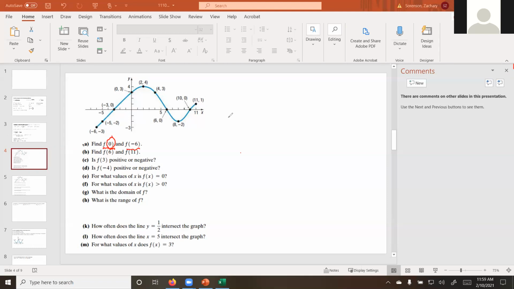So when I'm finding f of 0, I come to my graph and here's my x values, here's my y values. And where's x equal to 0? Well, it's right here. So I just trace up to my graph. So f of 0 goes to, oh, right there. f of 0 is 3. I look for the y value. So the thing inside is telling me my x value. The thing outside is my y value. So what is f of -6?